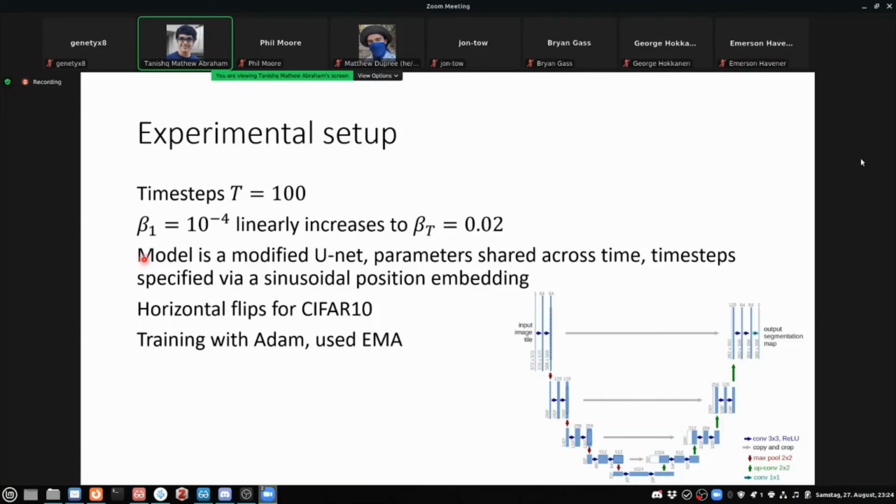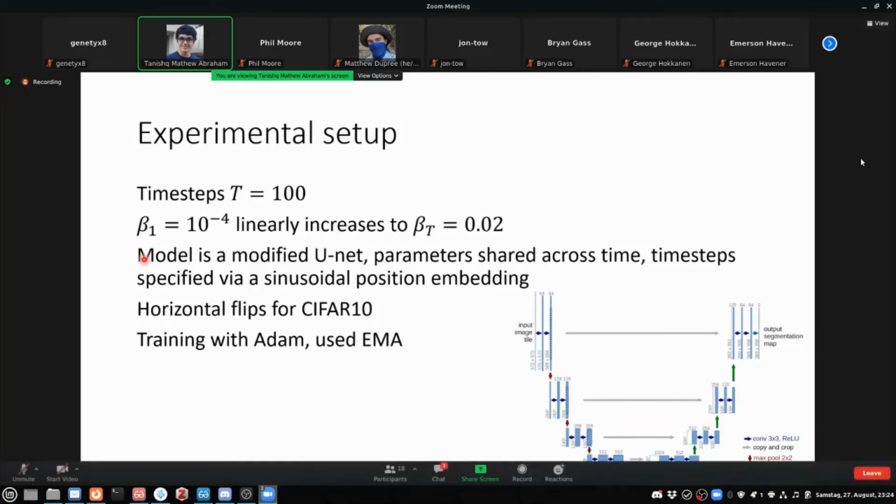In terms of the betas, in this case, the schedule is a linearly increasing schedule. For some of the data sets, they have different augmentations, like for CIFAR10, I think they mentioned horizontal flipping. The optimizer that they used was Adam, and they also use exponential moving average for the model weights.